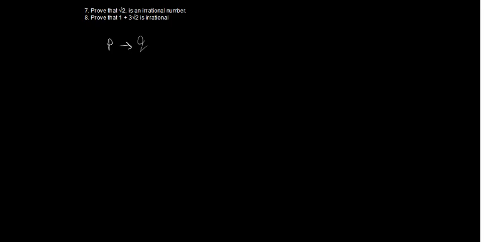So given that we have square root of 2, we're going to assume that square root of 2 is rational. So that's how we start off with our proof. We write proof, and under that we say assume square root of 2 is rational.